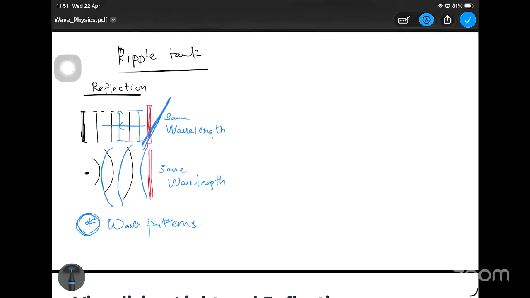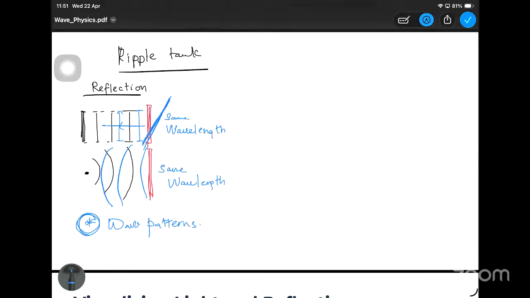Please go through them, and even in your textbook they have mentioned those wave patterns. When you angle this barrier, you will get different wave patterns. There might be a question, but I can't guarantee. Even from 2019 onwards, as I can remember, there was no question related to the ripple tank. So pay attention to that. You might get a question.